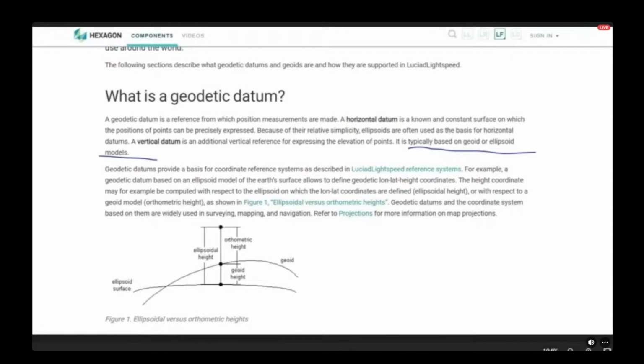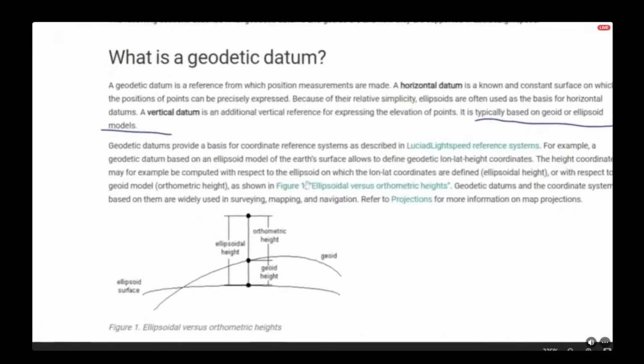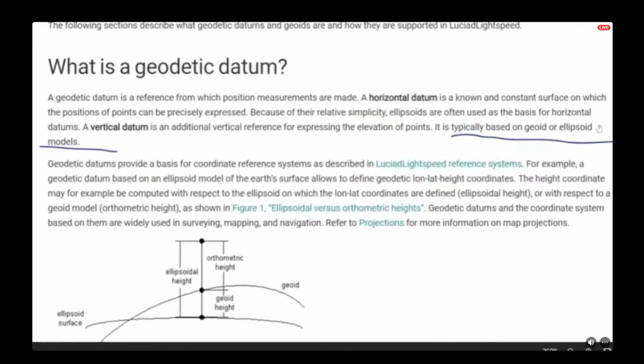I wonder if what we're going to be looking into takes into account any presuppositions of any sort of Earth shape or geometric requirements. If we look here, definitely geodetic datum, reference from which measurements are made. Okay, that sounds cool. Horizontal is known as a constant surface on which the positions of points can be precisely expressed. Because of their simplicity, ellipsoids are used as the basis for horizontal datums.